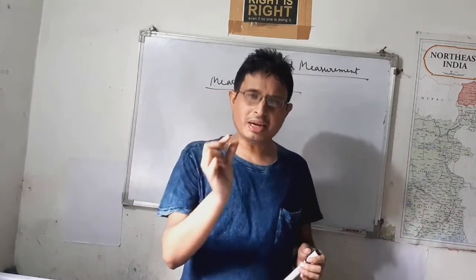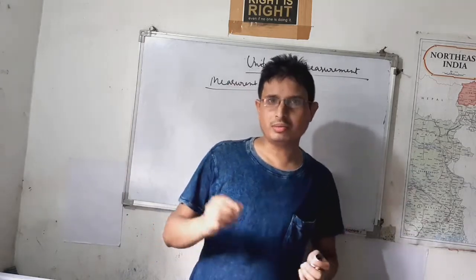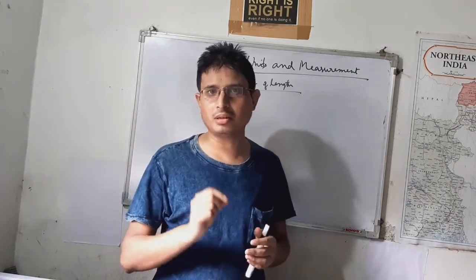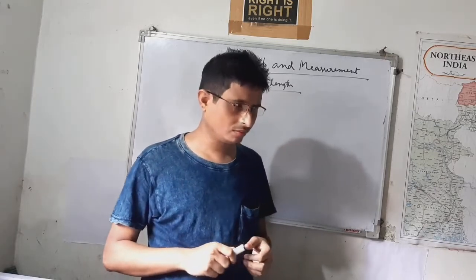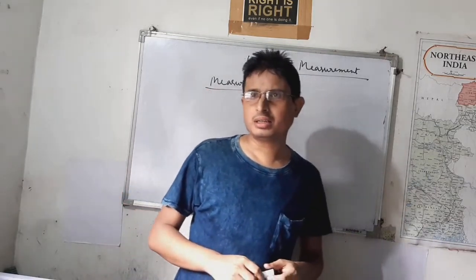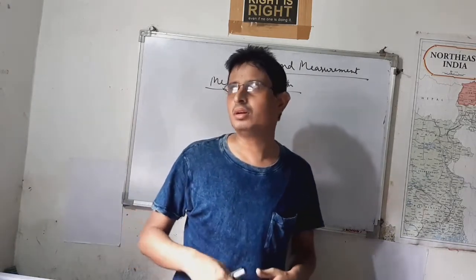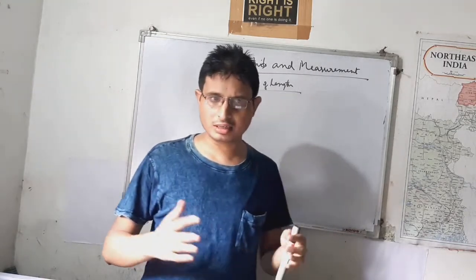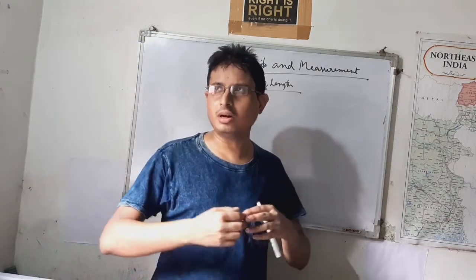It may be anything, from minutely small to the large size of the universe. I may want to measure the diameter of an atom, the diameter of a nucleus, the size of a molecule, the diameter of the Sun, or the distance from Earth to a certain star. So length may vary from a very small scale to a large extent.